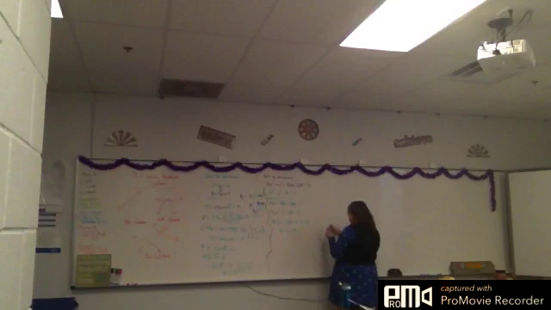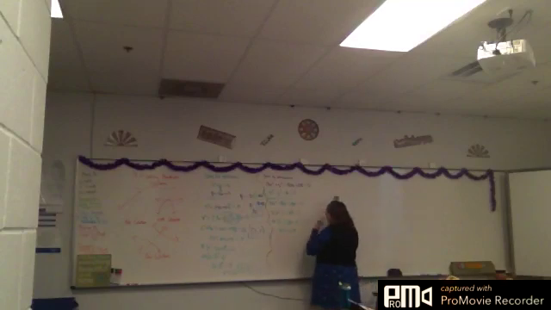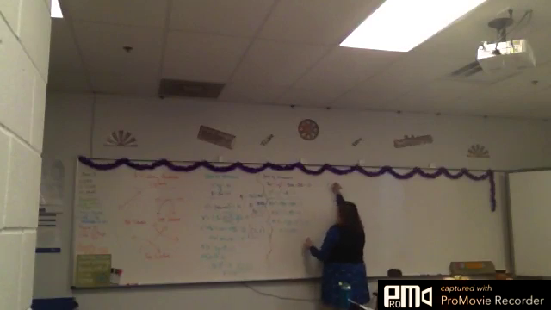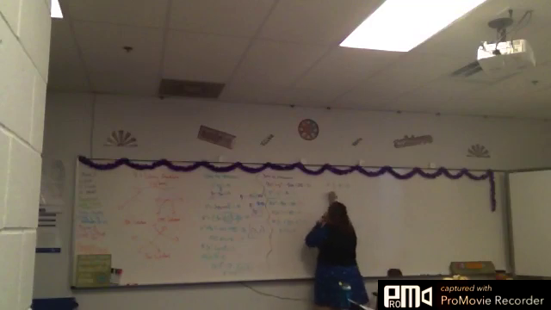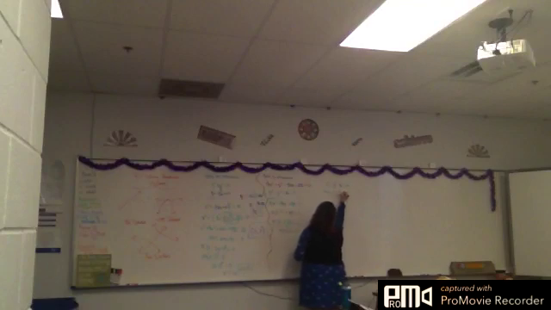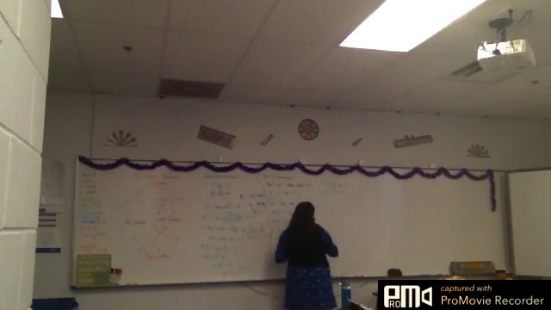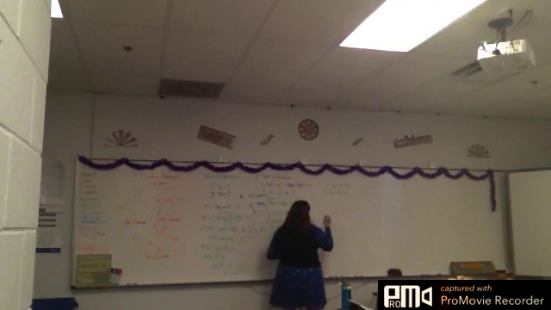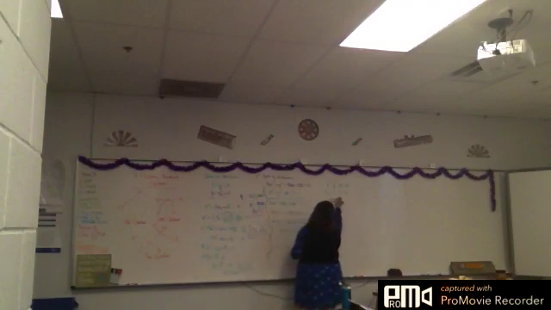Let's start with the 5. 5 squared minus y squared minus 16 equals 0. So 25 minus y squared minus 16 equals 0. What's 25 minus 16? So negative y squared plus 9 equals 0.